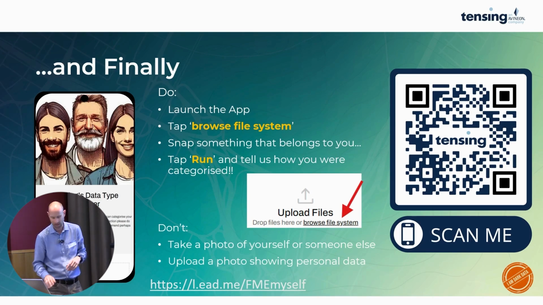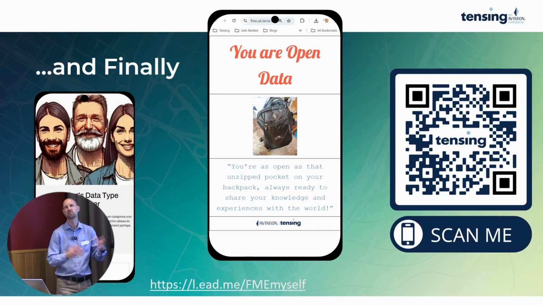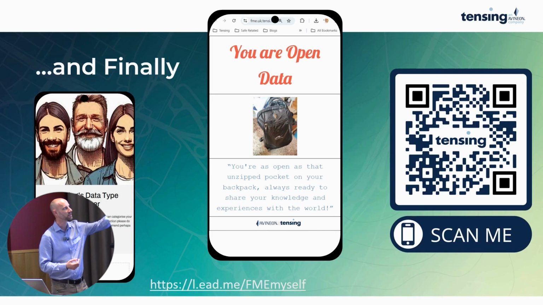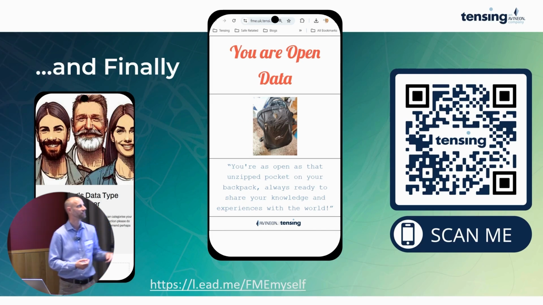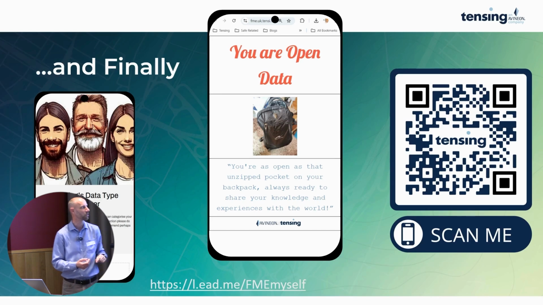So it's just a little bit silly, but the point is that you'll get a response something like that. So you're going to classify yourself as a data type, and in this case, it looked at my bag and it said you're open data, and you're as open as that unzip pocket on your backpack.